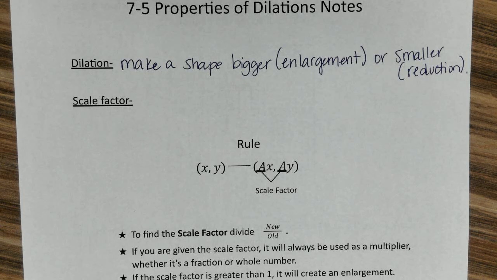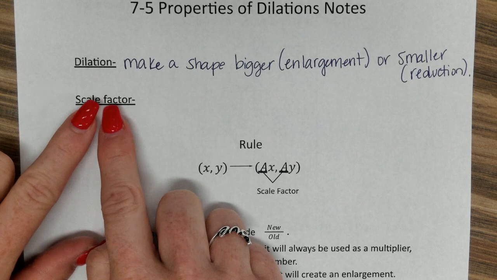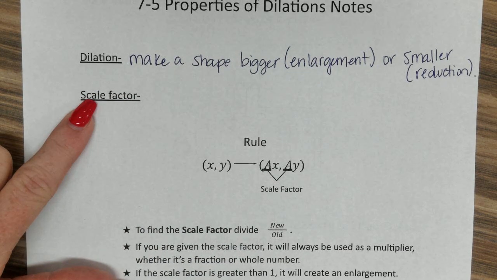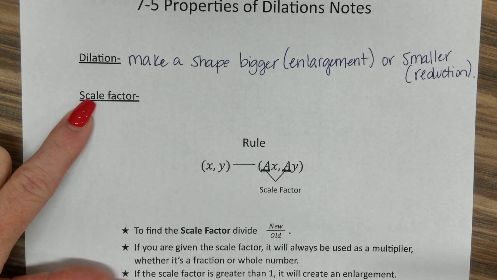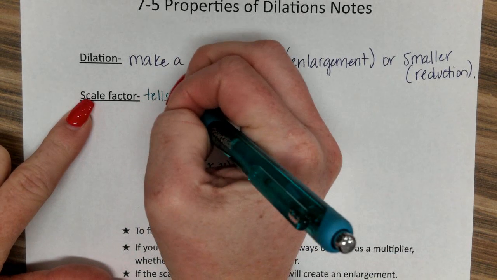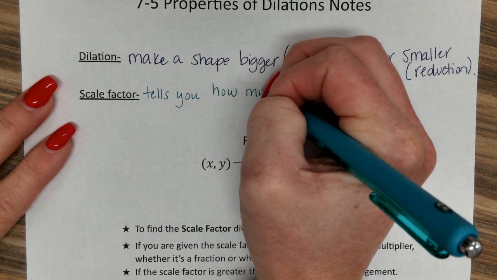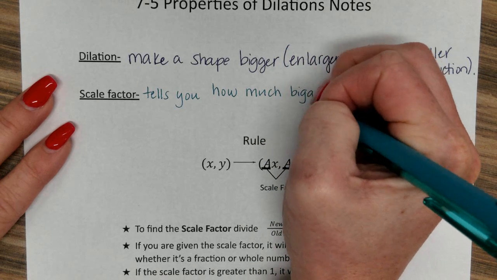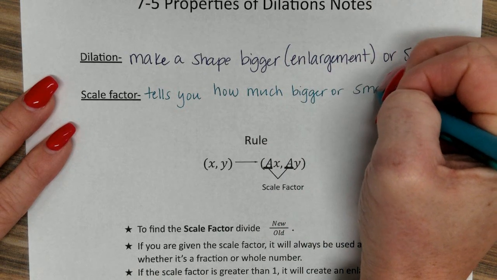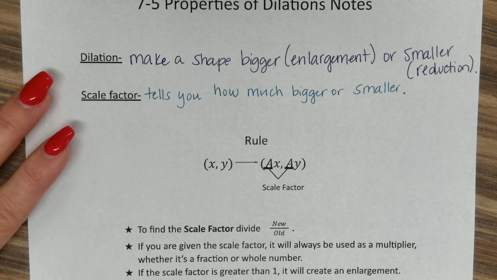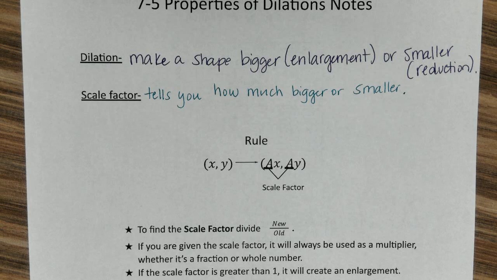Does that make sense? Okay, so they are using what is called a scale factor. A scale factor tells you, write this down, how much bigger or smaller the shape will be.